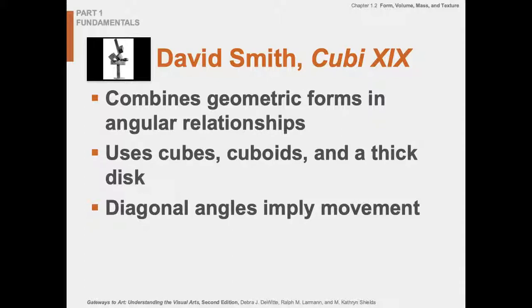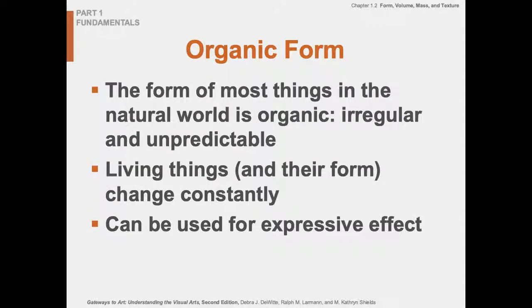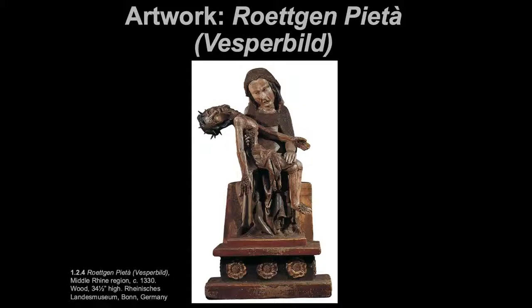And he is using diagonals to imply movement, which we talked about in 1.1. Organic forms, so that's irregular and unpredictable. It's usually leaf-like, think about that, but it can be used for expressive effect. So different sculptors will use different geometric forms or organic forms or both. In the case of the human figure, that is going to be an organic form, right?